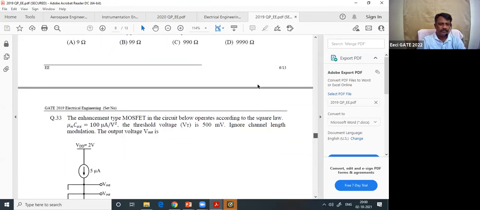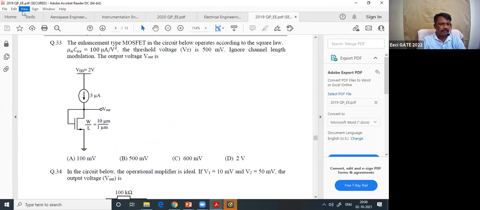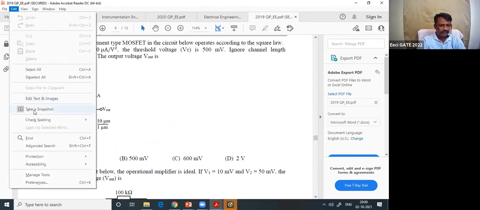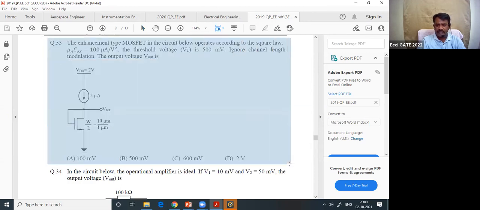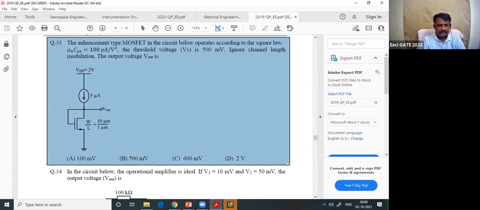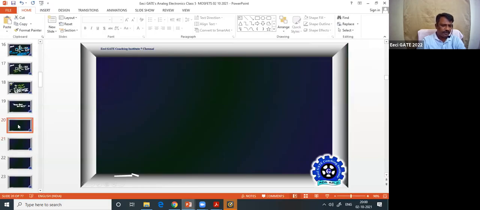Yes, I got it, so that you will have some hands-on experience. You can visualize how a problem is constructed at the GATE level. So this is exploiting another fundamental. We'll introduce that fundamental here.